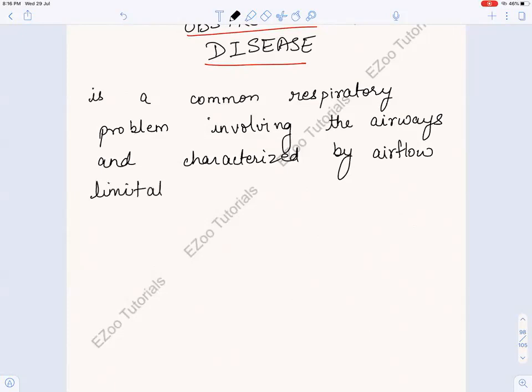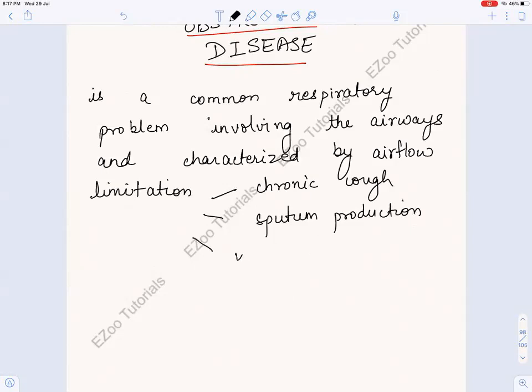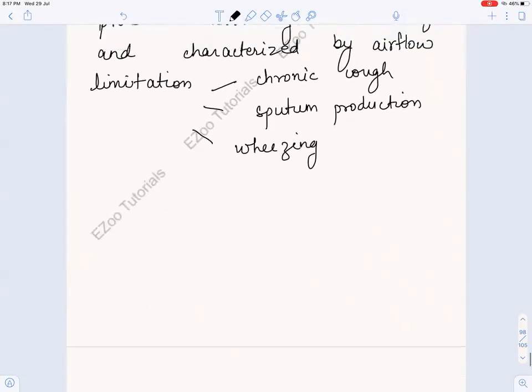And generally there is a lot of chronic cough, a lot of sputum production, a lot of wheezing, that sound that comes like this. Then there is chest tightness. Okay, so this is what happens in COPD.